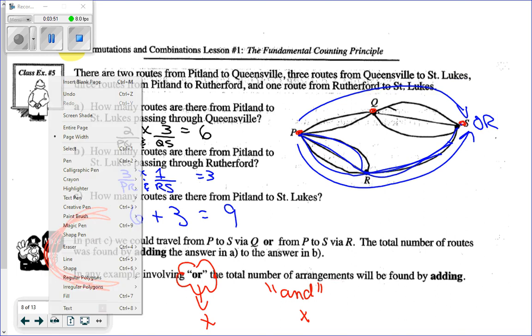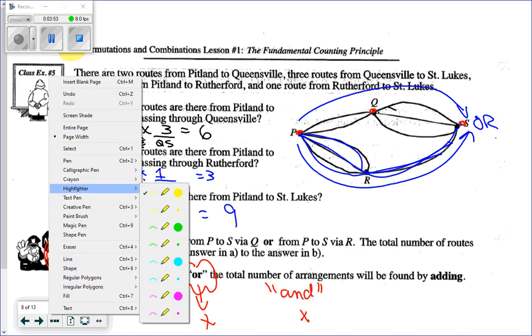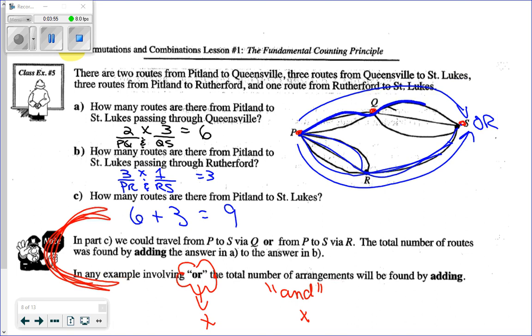You could have literally just done this. You could have gone 1, 2, 3, 4, 5, 6, 7, 8, 9. Sometimes common sense is better than math.